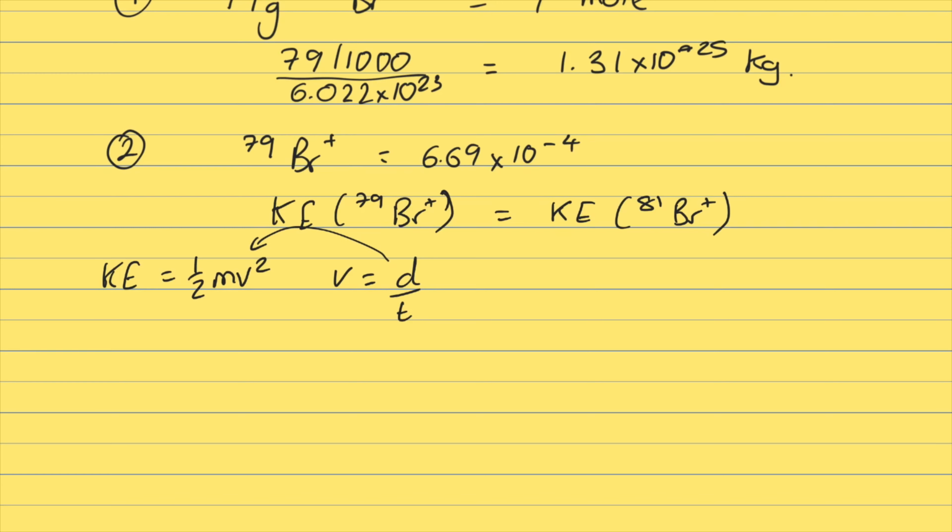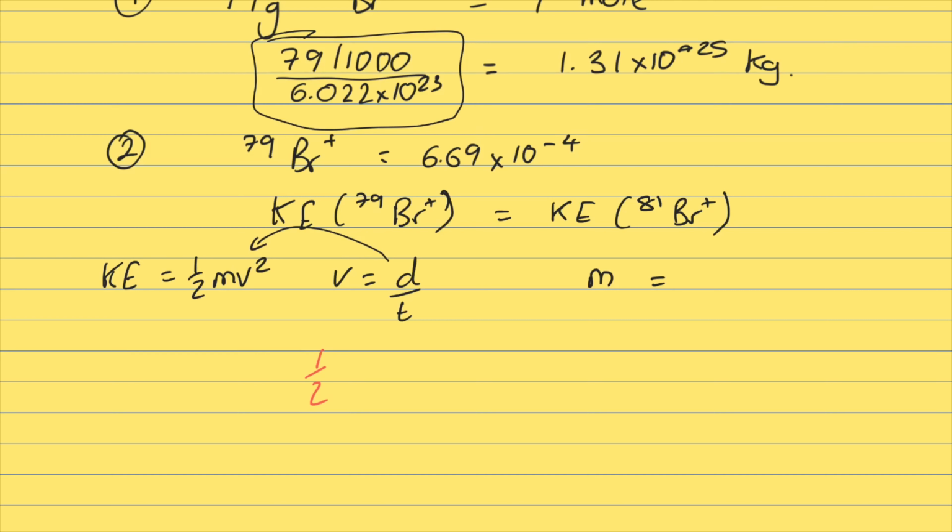So we're just going to substitute the d over t into the v there. The other thing we're going to do is the mass, which we know from calculating up here is 79 divided by 1000 over Avogadro's number. So the mass is the mass of the isotope divided by 1000 divided by Avogadro's number. So I'm going to write all of that out here.